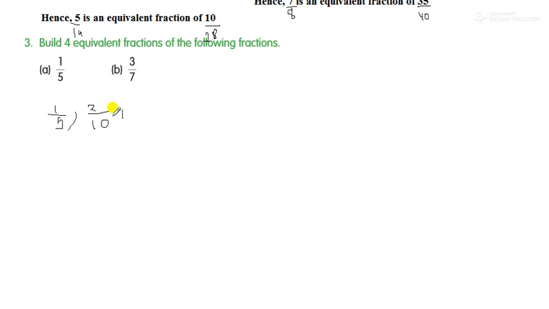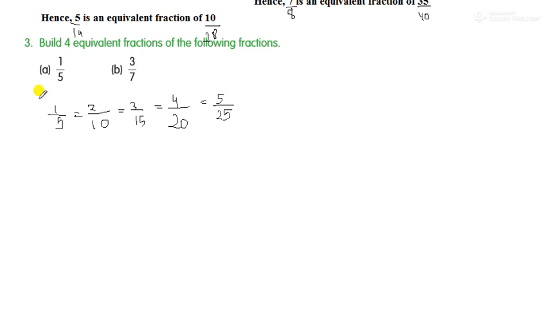Now again multiply with a 3, 3 by 15, multiply with a 4, 4 by 20. Next, equivalent to, 5 5s are 25.